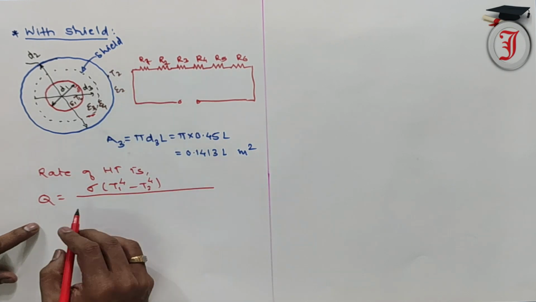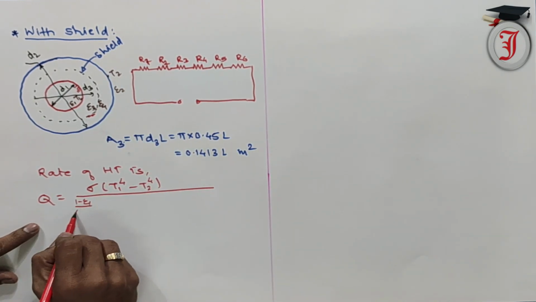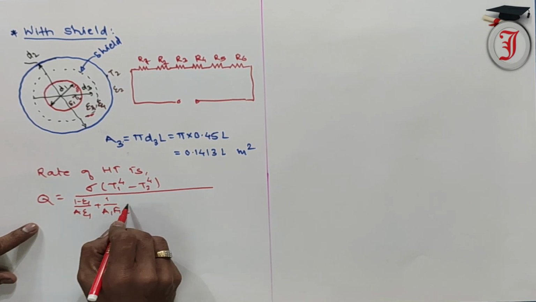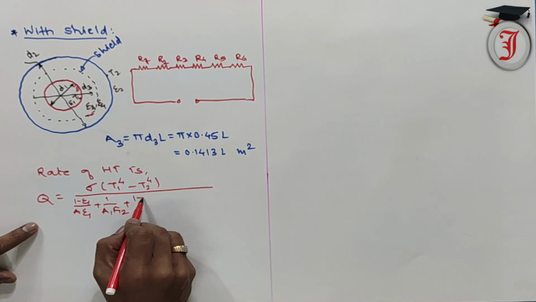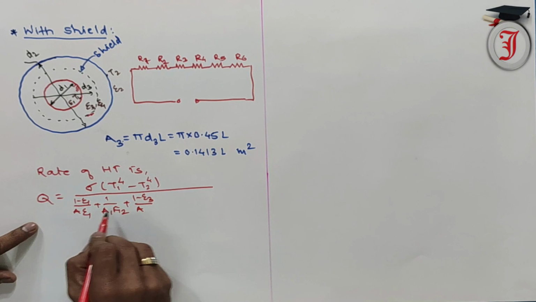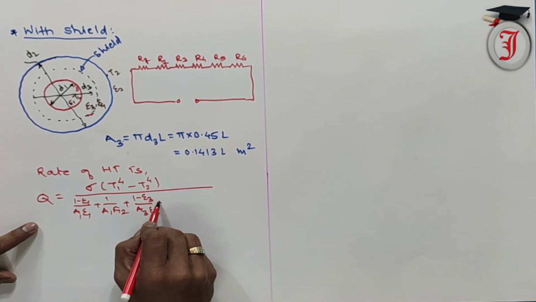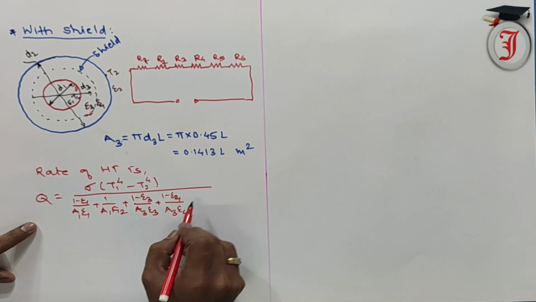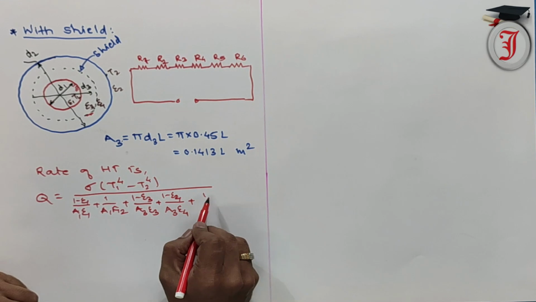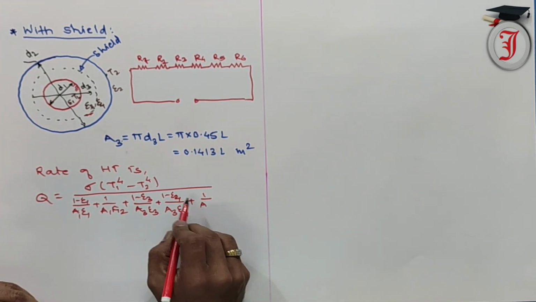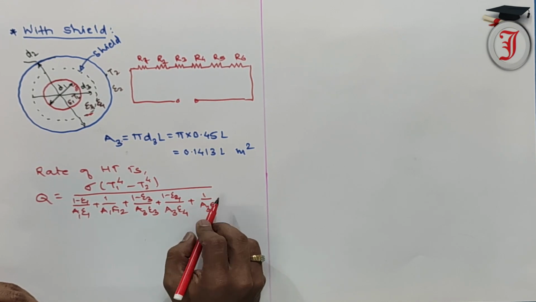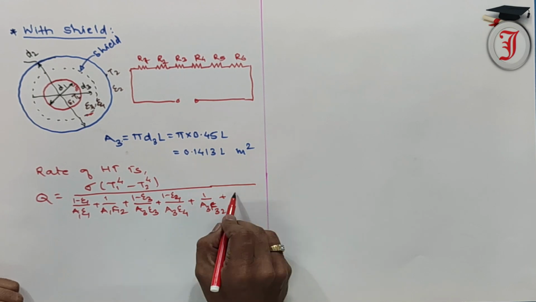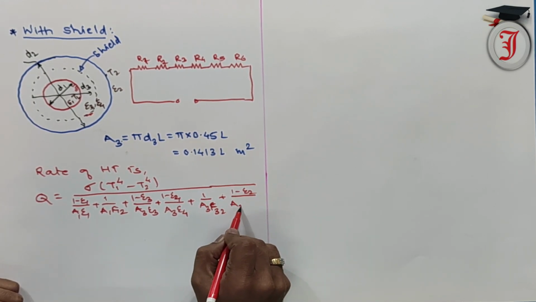R1 is equal to (1 minus epsilon 1) upon A1 epsilon 1, plus R2, the space resistance, 1 upon A1 F12, plus R3, the surface resistance of the inner surface, (1 minus epsilon 3) upon A3 epsilon 3, plus the outer surface, given emissivity epsilon 4, (1 minus epsilon 4) upon A3 epsilon 4, plus R5, the space resistance between the radiation shield and the outer surface, 1 upon A3 F32, and last is the surface resistance, (1 minus epsilon 2) upon A2 epsilon 2.